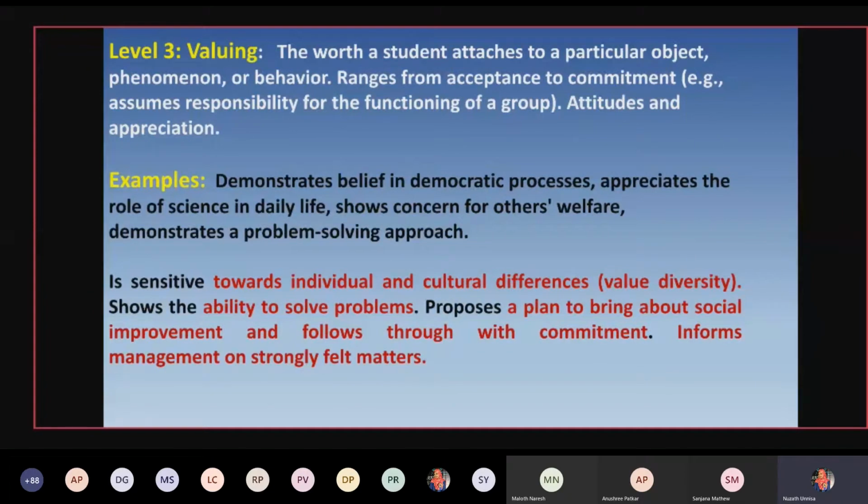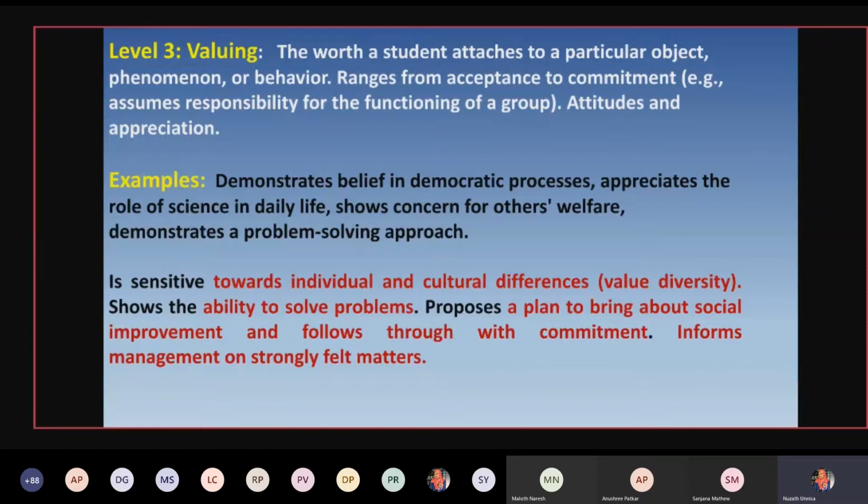At this level, the learner will attach value to phenomenon and strongly associate with the topic. Also, demonstrate commitment to certain values being imparted. So not just receiving the information, but it also is affecting the person emotionally.